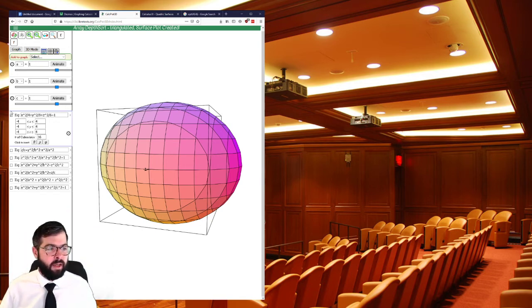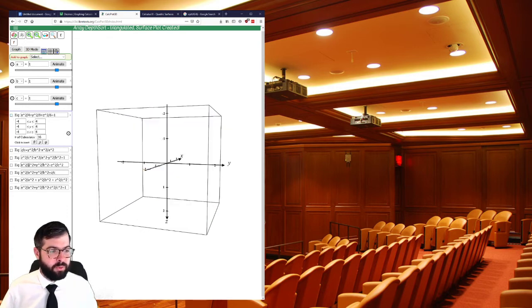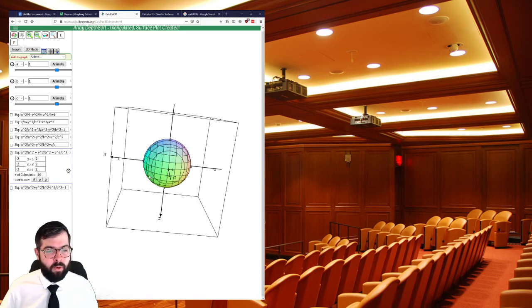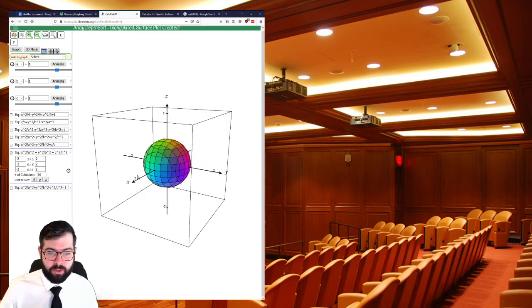So in general, what this looks like is x squared over a squared plus y squared over b squared plus z squared over c squared equals 1. When all those a's, b's, and c's are equal to 1, it is a sphere, right, like we've seen before.